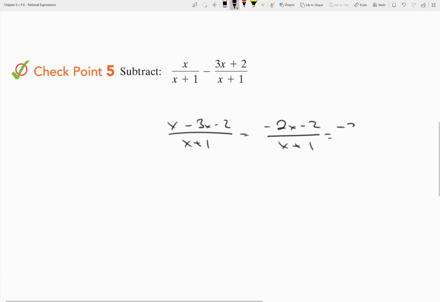I can factor out a negative 2 and be left with x plus 1, which then cancels. So this expression is equal to negative 2, comma, x cannot be equal to negative 1. So basically it's a horizontal line with a hole in it. Right? But we'll talk about the graphs in a later section.